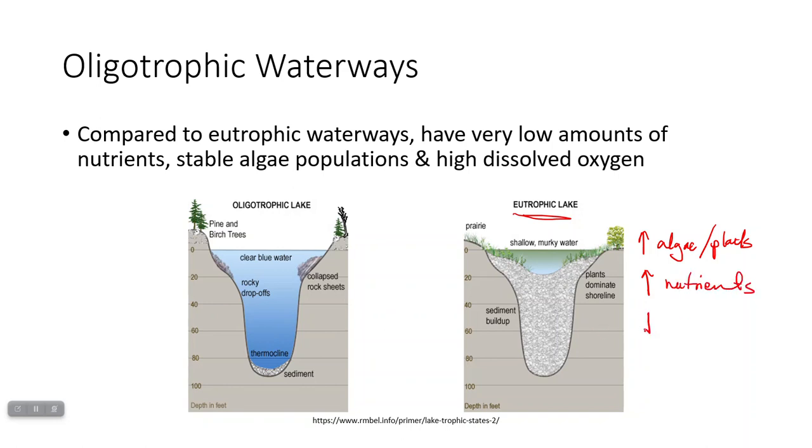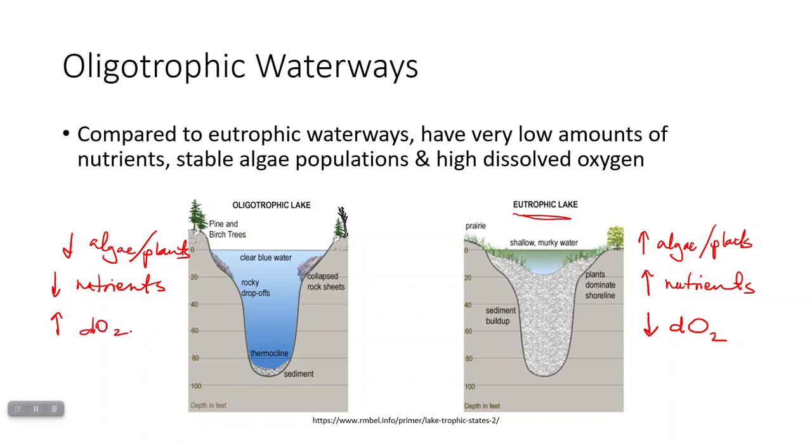And it's going to have low dissolved oxygen. It's getting used up by all those organisms. On the other hand, an oligotrophic lake is going to have less plant matter, so less algae and plants. It's going to have lower levels of nutrients, and it tends to have higher dissolved oxygen.